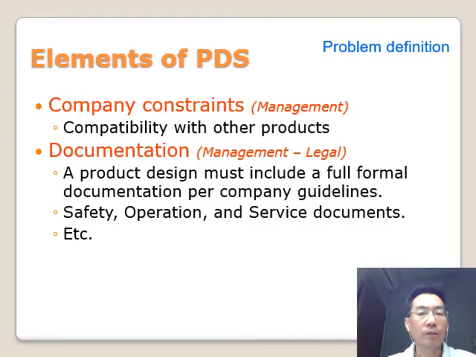Company constraints, yeah, that is for management. So they need to understand the compatibility with other products, and documentation, management and the legal department. So a product design must include full formal documentation per company guidelines, safety operation and service documents and so on.